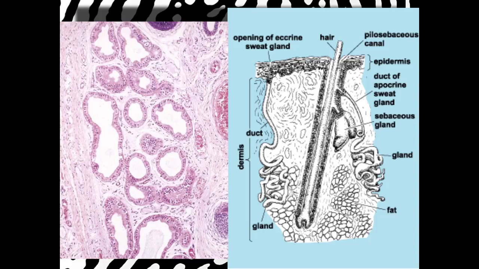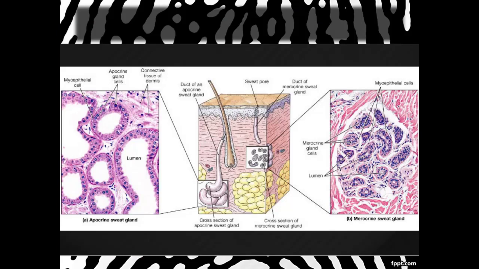Axillary and areolar apocrine glands also undergo some changes during the menstrual cycle. So they are rudimentary in humans, and they become functional during puberty.